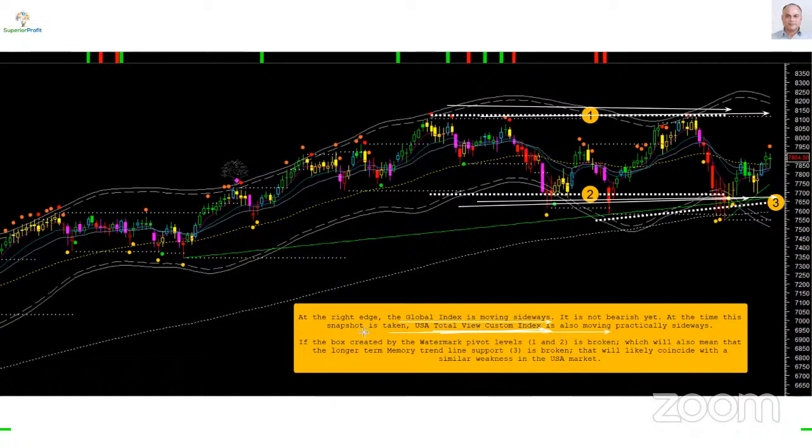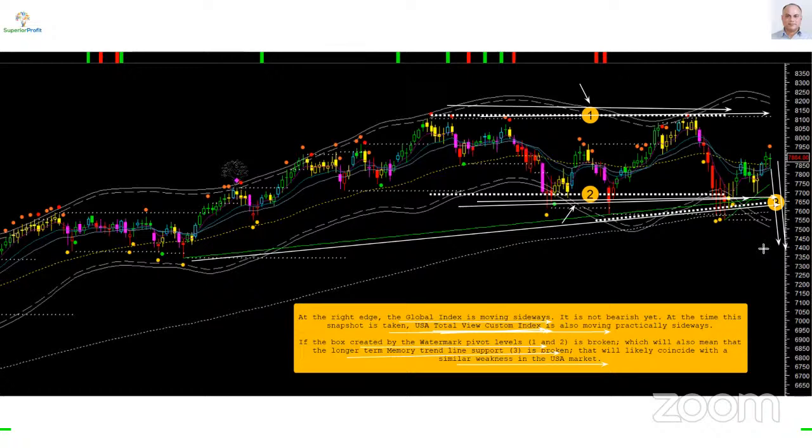Now, when I created this, I commented that if the box created by the watermark pivot levels 1 and 2 is broken, which will also mean that the longer term memory trend line support, that is this line 3, is broken, that is, if price goes down below that, that will likely coincide with a similar weakness in the USA market. And I created this some time ago. And in fact, the exact same thing happened.